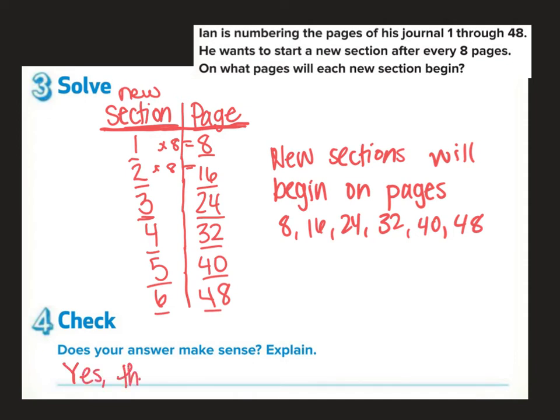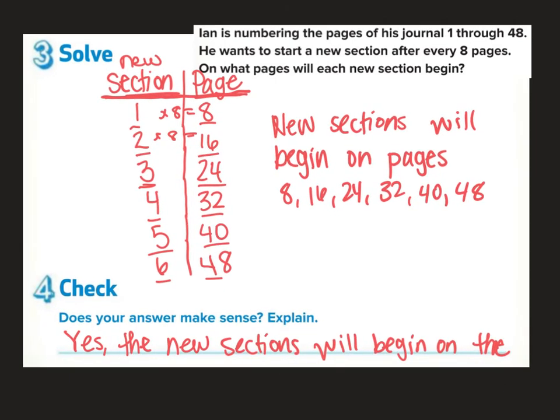The new sections will begin on the multiples. Look at that. We can use some vocabulary: the multiples of 8. Our count-by numbers. We count by 8s, and those are going to be our new sections.